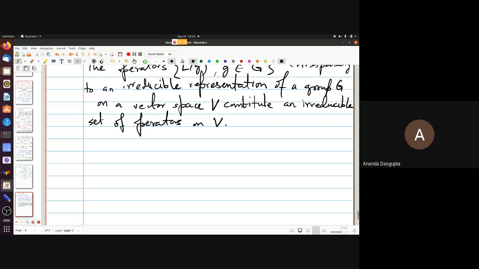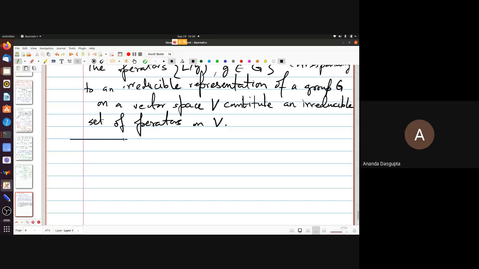That means any big representation can be thought of as being made out of many smaller representations, and smaller things are easier to understand than bigger things. So this is the basic philosophy of why we really love irreps. The good thing is irreps is a lot easier for me to pronounce than irreducible representation, so I'm going to just call them irreps from now on.